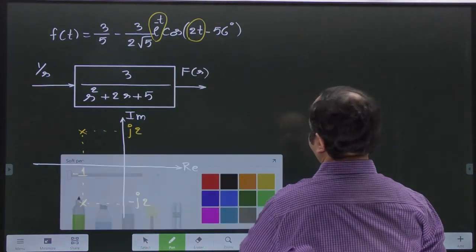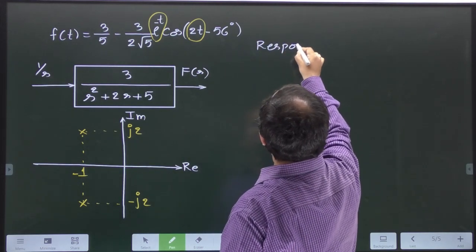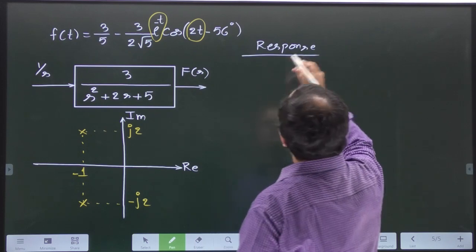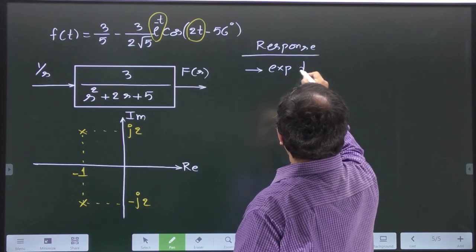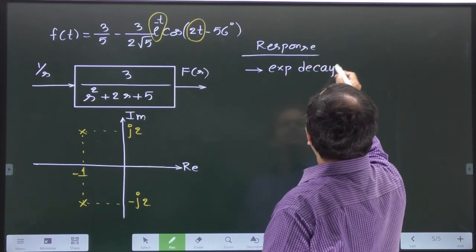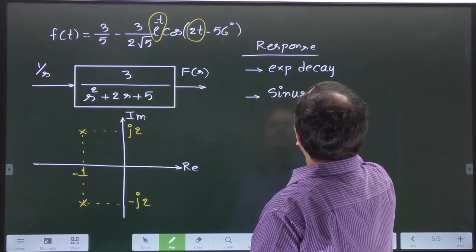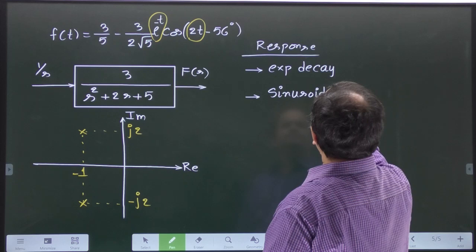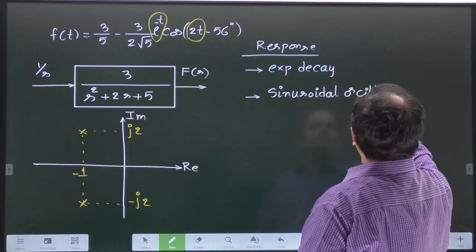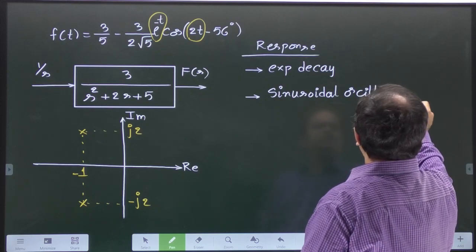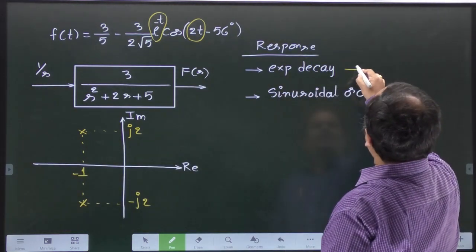In simple terms, the response has exponential decay and sinusoidal oscillations.